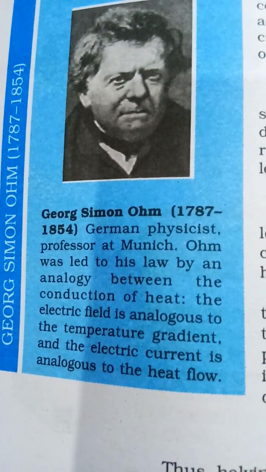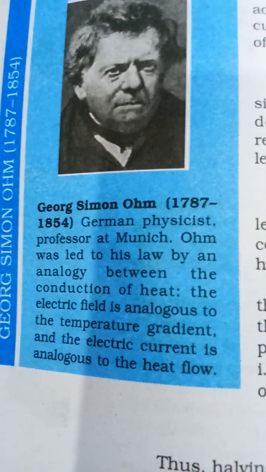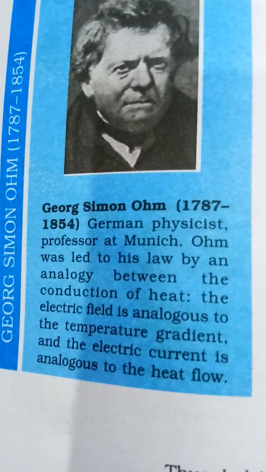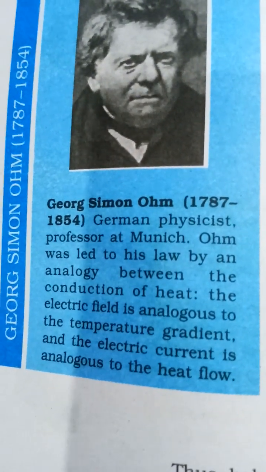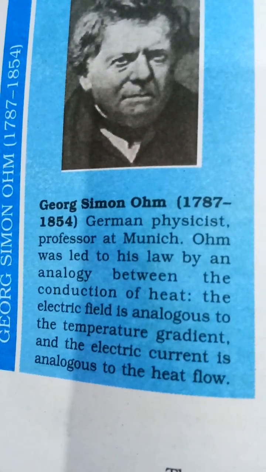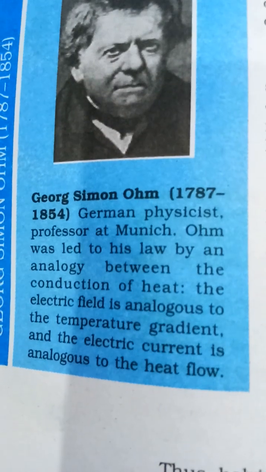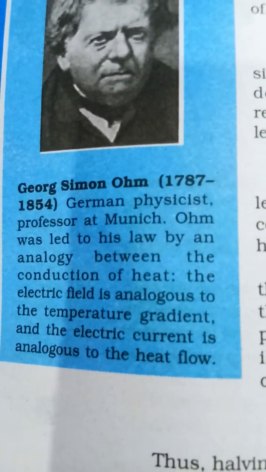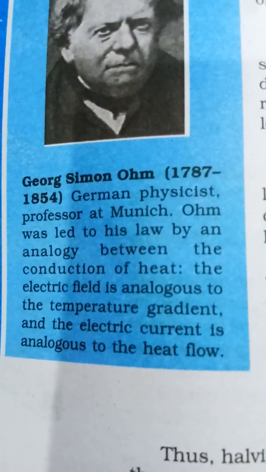Ohm was led to his law by an analogy between the conduction of heat. The electric field is analogous to the temperature gradient, and the electric current is analogous to the heat flow.